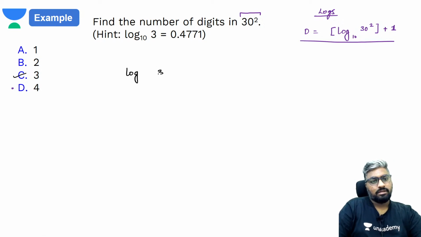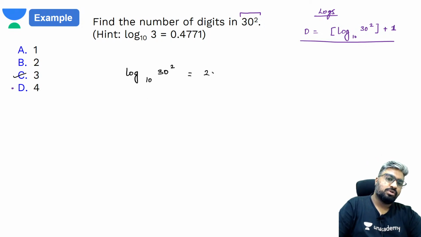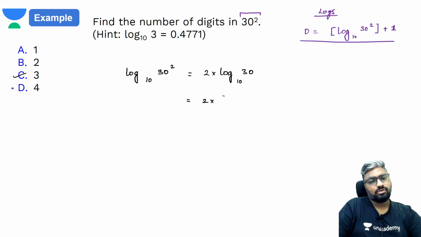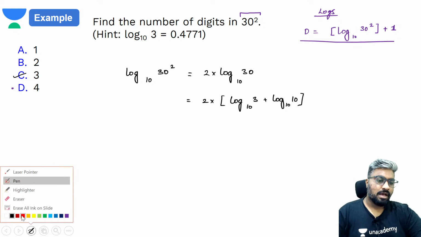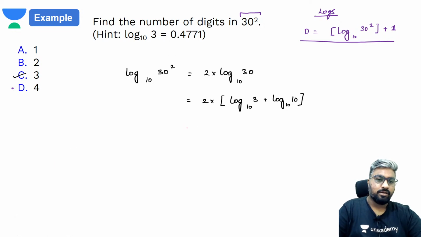Log of 30 squared to the base 10 is nothing but 2 times log 30 to the base 10, which is further 2 into log 3 to the base 10 plus log 10 to the base 10. We know the value of log 3 is 0.4771, plus log 10 to the base 10 is 1.